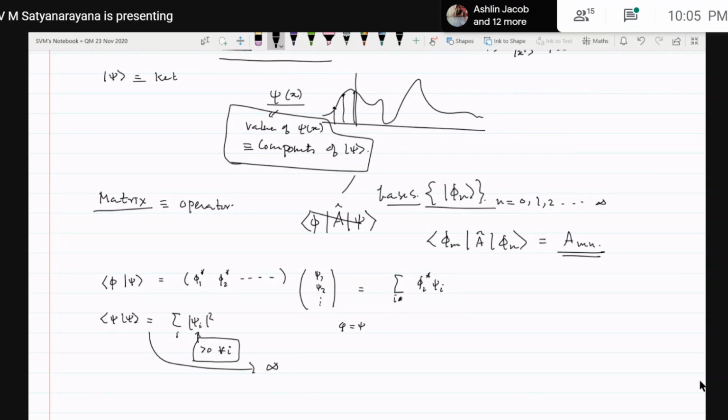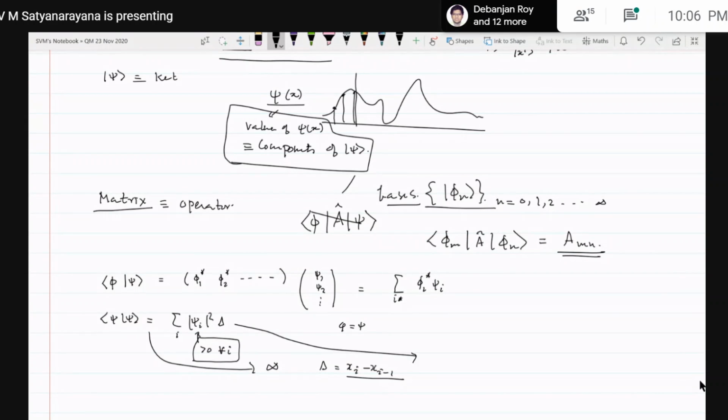Now if you don't want such a divergence, you multiply that with some small number delta, where this delta can be written as x i minus 1. So as n goes to infinity, this delta goes to 0, so this product will remain constant.